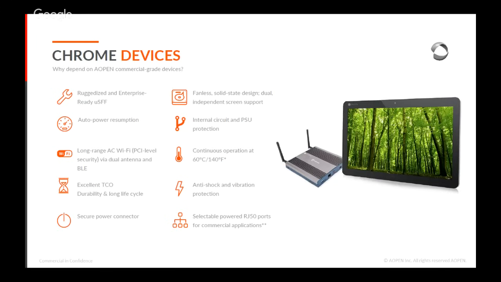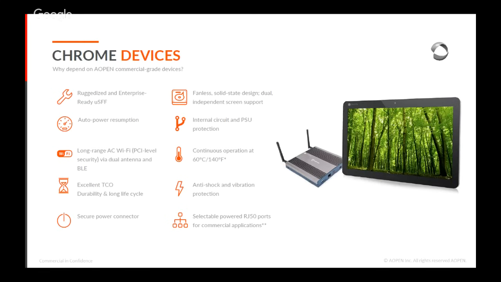If your power goes off in your apartment, your PC isn't going to restart, which is no big deal. All you do is hit the power button. But the problem is that if you own a bar and your digital signage is 30 feet in the air, how are you going to run up there and hit the power button? So these devices are designed to auto restart on power resumption. So you never get into this situation that you would with a consumer device.